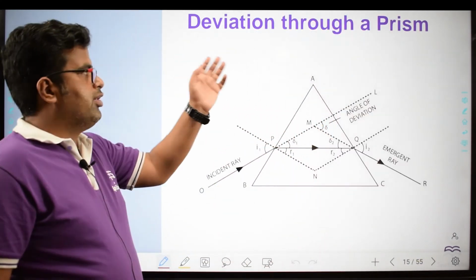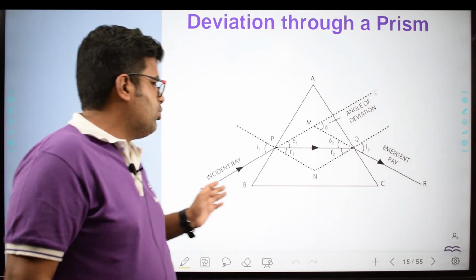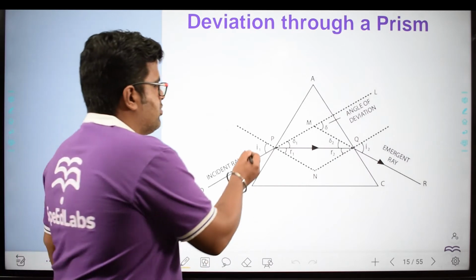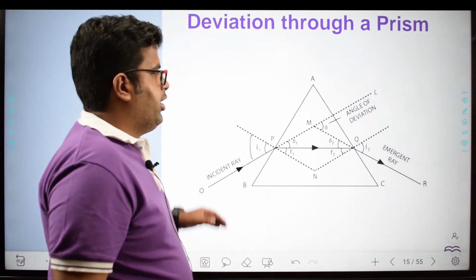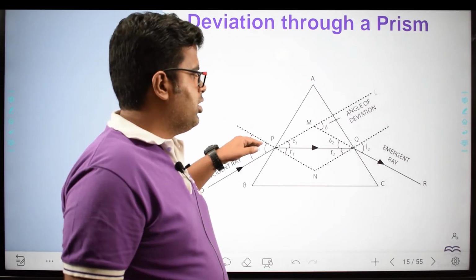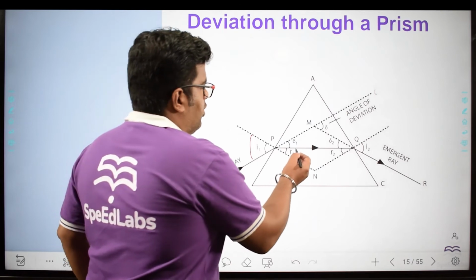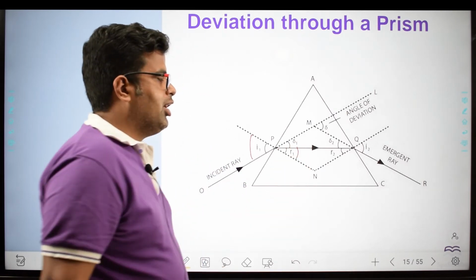Now we are going to understand an important derivation, that is deviation through a prism. Suppose this is an incident ray which is making an angle of I1, and now light will go straight. Because of the phenomenon called refraction, when light is traveling from a rarer to a denser medium, it is going to bend towards the normal. So let's say this angle is R1.